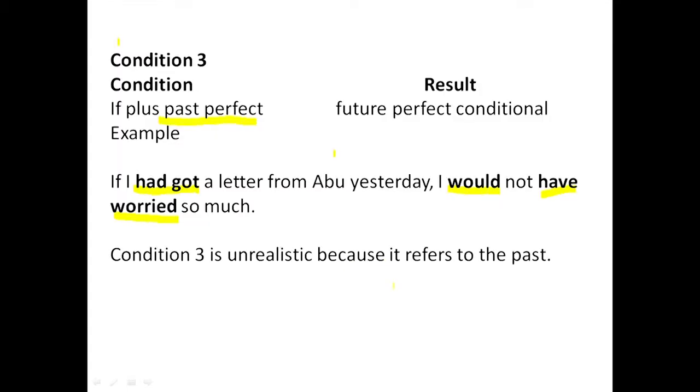Let's now come to the usage. Condition 3 is unrealistic because it refers to the past. So grammar is all about knowing the structure and knowing the usage. We've come away from the structure and now we are on to the usage.